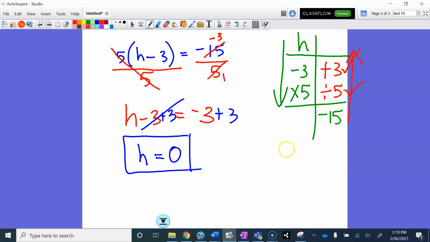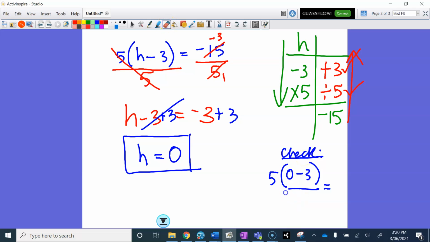Okay, so if I want to check that, I can. And I would say 5 lots of 0 take away 3 equals. And if that is the true solution and that makes it a true statement, I want the answer to be negative 15. Oh, I put a divide by 5 there.